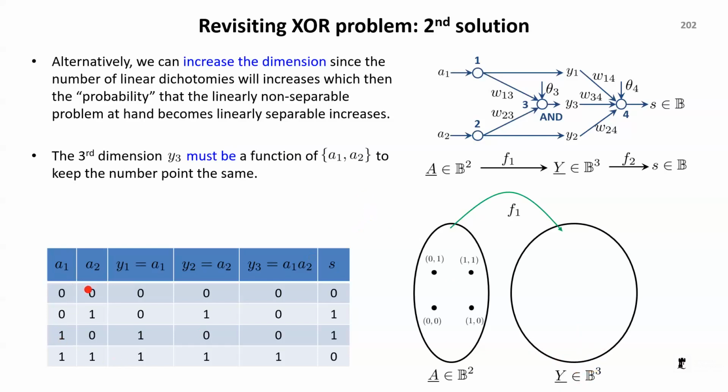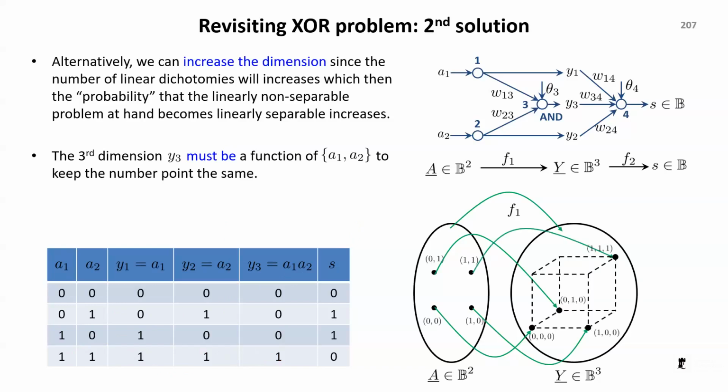Look at 0, 0 becomes 0, 0, 0. 0, 1 becomes 0, 1, 0. 1, 0 becomes 1, 0, 0. 1, 1 becomes 1, 1, 1. I just draw a line so you can see within the three-dimensional cube, those are our mappings.